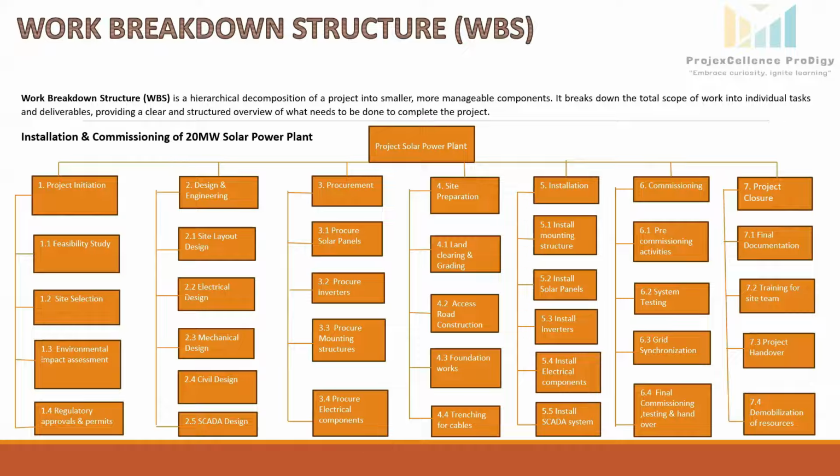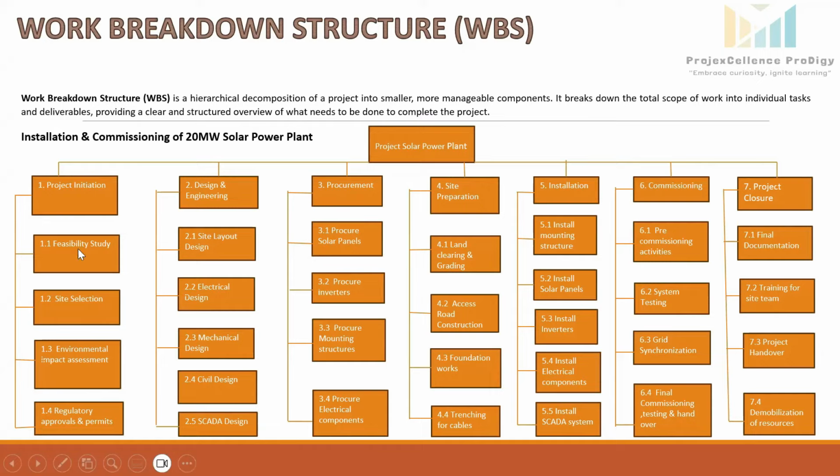If you notice, these work packages have special coding or unique identifiers. These identifiers provide a structure for hierarchical summation of costs, schedule, and resource information and form a code of account. These are the unique identifiers.